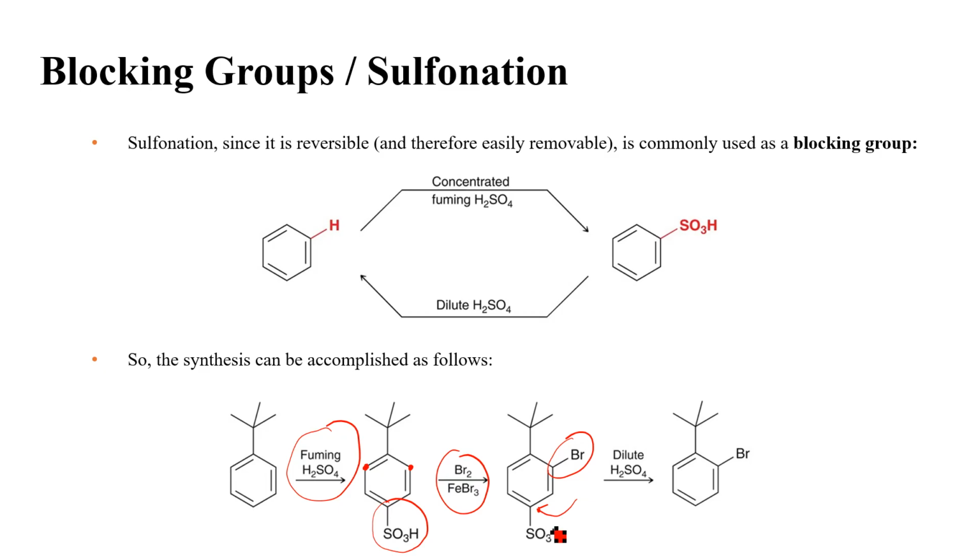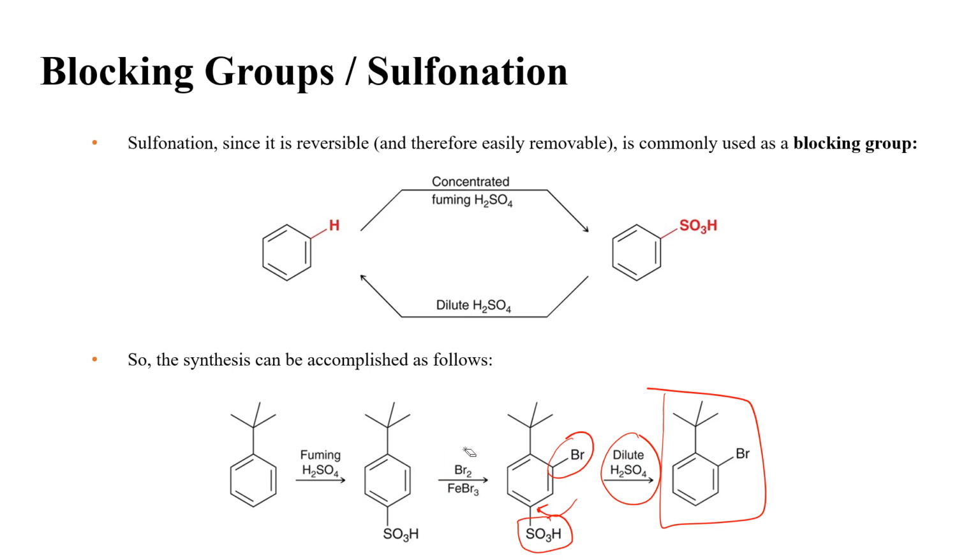And then you can remove the blocking group with dilute H2SO4. Just take this SO3H out, and now you're left with your product, right? So it's a super convenient way to force a group onto the ortho position when it's pretty crowded.